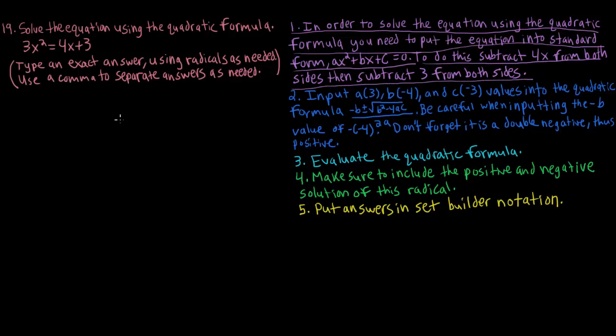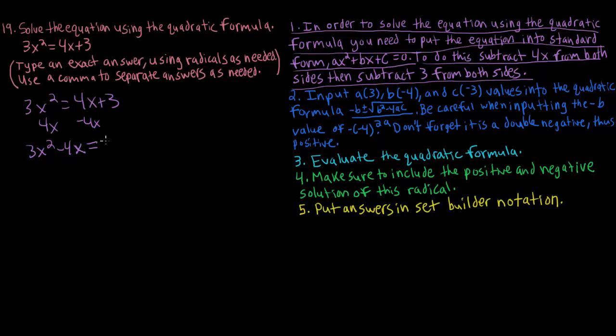So let's write our original equation. 3x squared equals 4x plus 3. Our goal is to get 0 on one side. So to do that, subtract 4x from both sides. We have 3x squared minus 4x equals 3.